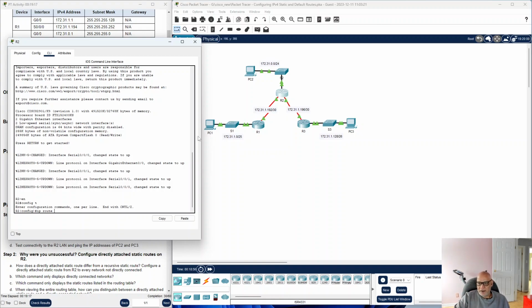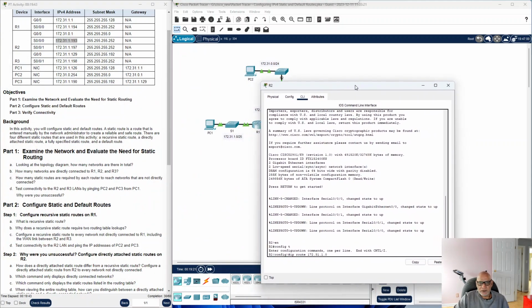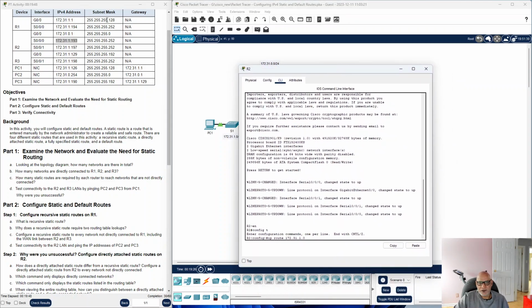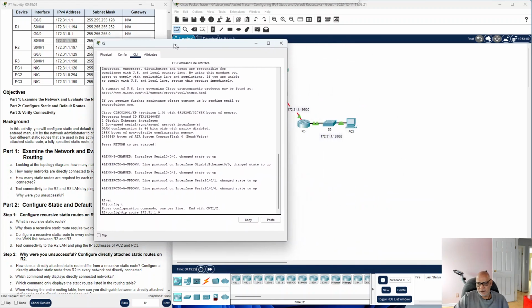Now let's start with this network first, 172.31.1.0, which is not connected to R2. The subnet mask is a 25-bit mask, which means 128.